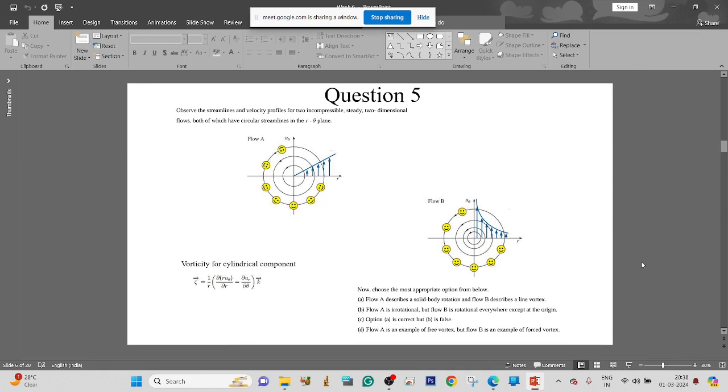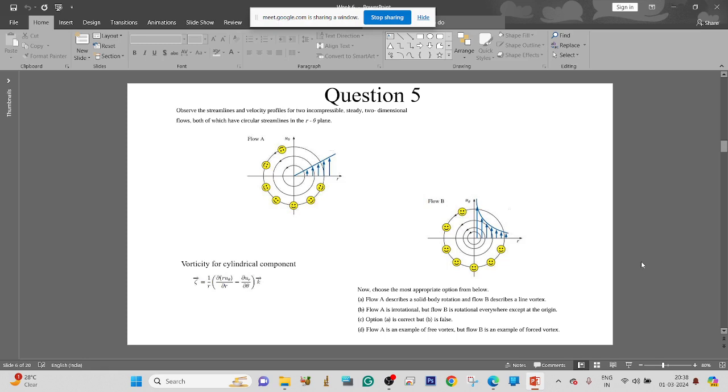So what do you think? Which one is correct? You have to calculate the vorticity here, right? To check whether the flow is irrotational or rotational, you have to check the vorticity.